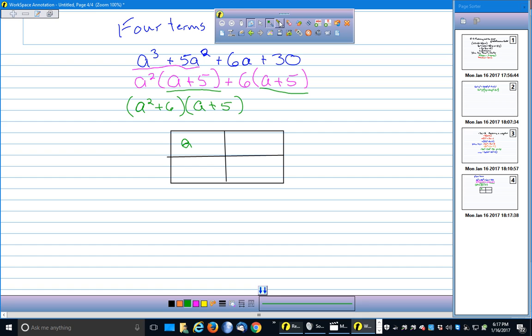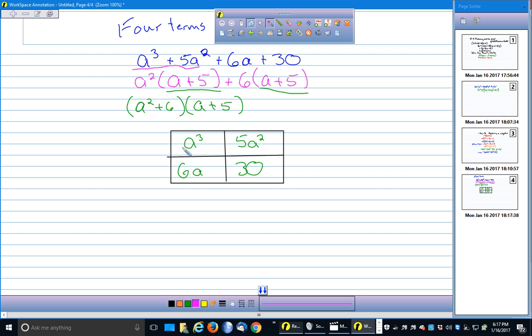Now, when you do this, you kind of have to group the terms that have the same common factor together. So I'm going to put my a cubed here and my 5a squared. This is just another way to look at the same problem if you don't see where I got this from. Then down here I'm going to write my 6a plus 30.